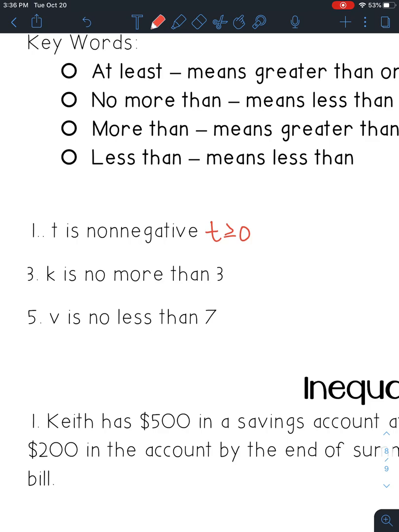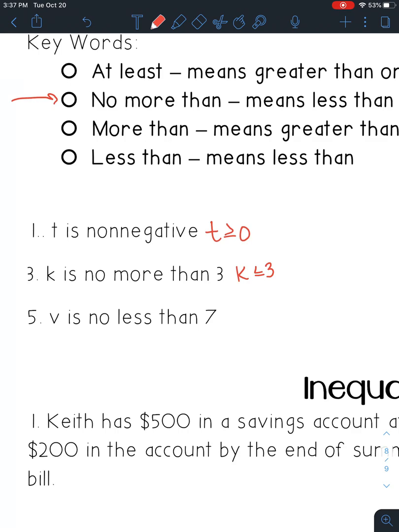Everything greater than or equal to 0 is non-negative. Looking at 3, K is no more than 3. So if it's no more than 3, that would be this one right here, which means less than or equal to. So that means K is less than or equal to 3.